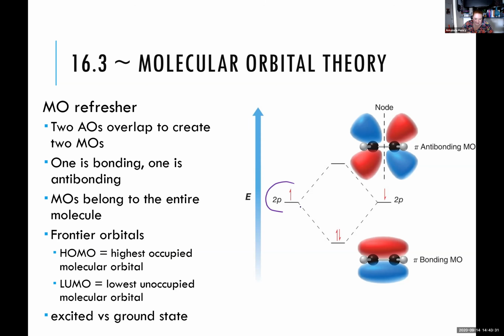On the sides, right here that I've circled in purple, these are AOs, which stands for atomic orbitals. So these are representing the atoms before they've bonded.